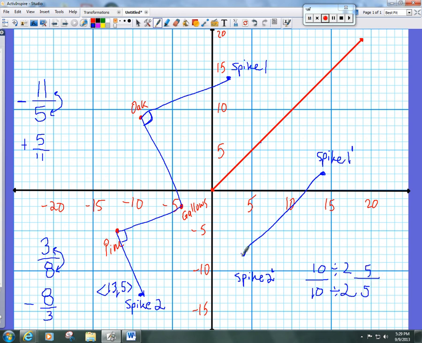So if I go up 5, 1, 2, 3, 4, 5, and then I run 5, 1, 2, 3, 4, 5, I know my treasure is going to be located right here, and that coordinate is going to be 9, negative 3. So if you ended up getting a solution of a buried treasure of 9, negative 3, you know you did it the very correct way.